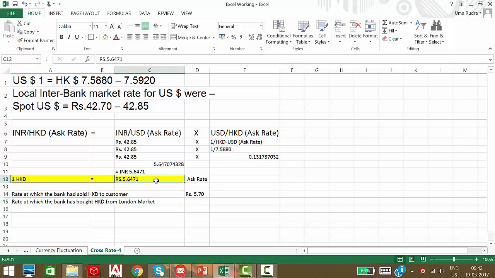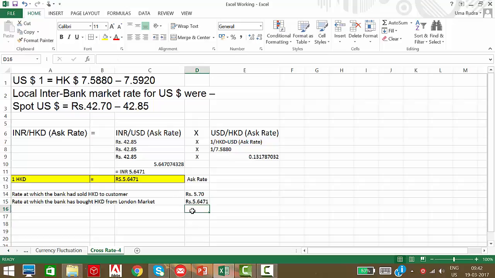The bank has bought at rupees 5.6471. Correct. So let's take 4 decimals, that's enough. So this is the second time buying rate. This is the selling rate. He bought at a lesser price. He sold at a higher price.